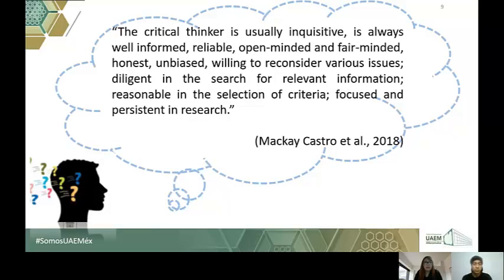When we develop this skill, we can be said to become a critical thinker, who is generally inquisitive, always well-informed, reliable, open-minded, fair-minded, honest, and unbiased, willing to reconsider various issues, diligent in searching for relevant information, reasonable in the selection of criteria, and always focused and persistent in research.